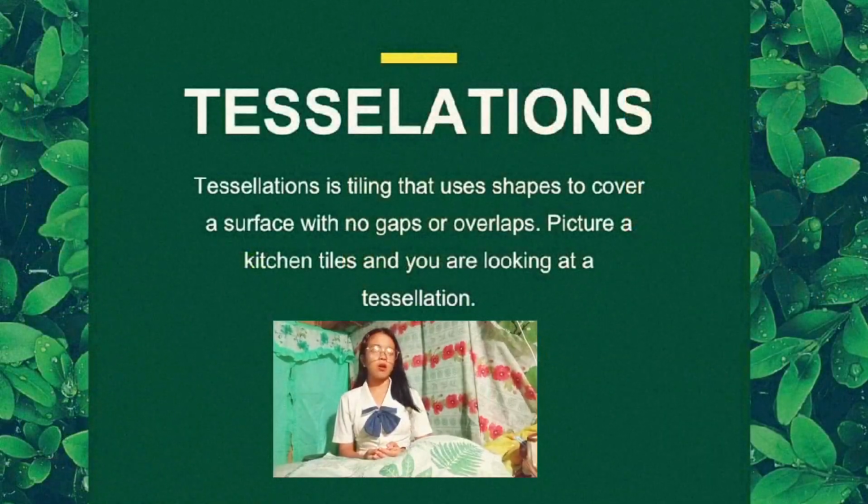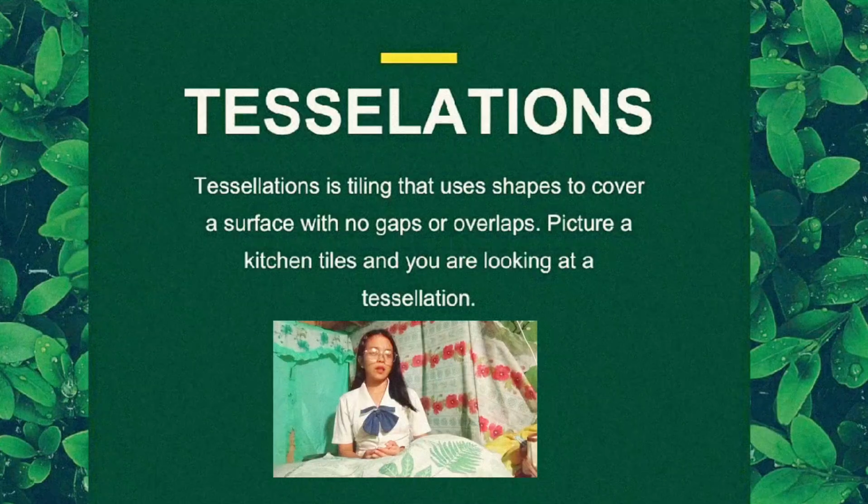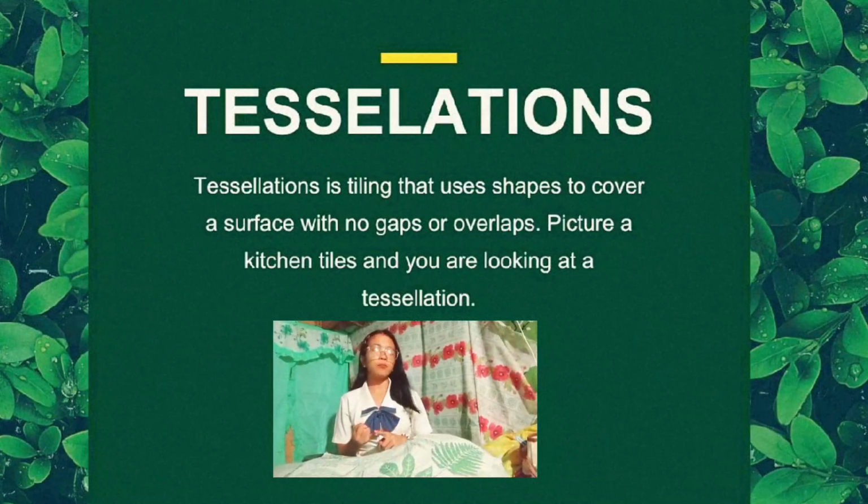Tessellations are geometric arrangements of shapes that fit together perfectly without overlaps and gaps. This is commonly seen in nature, architecture, and art, demonstrating symmetry or repetition.